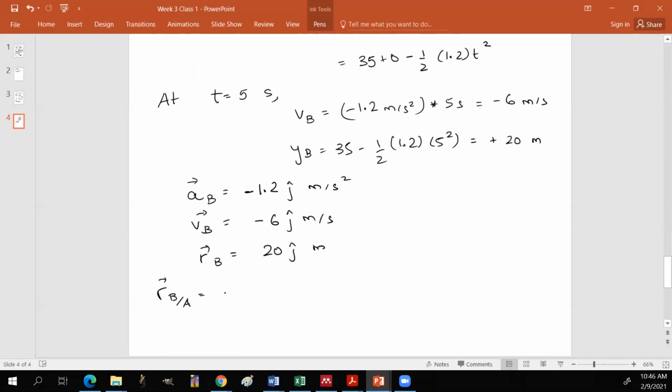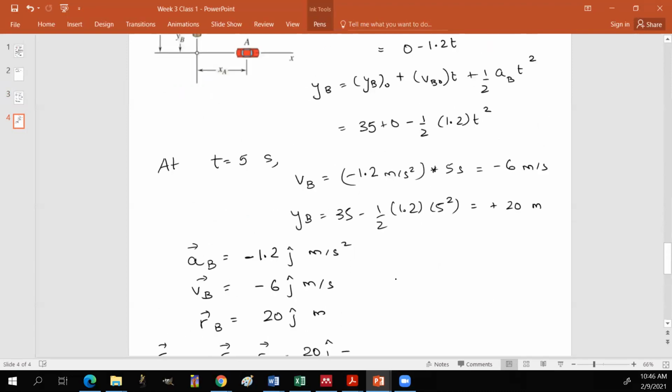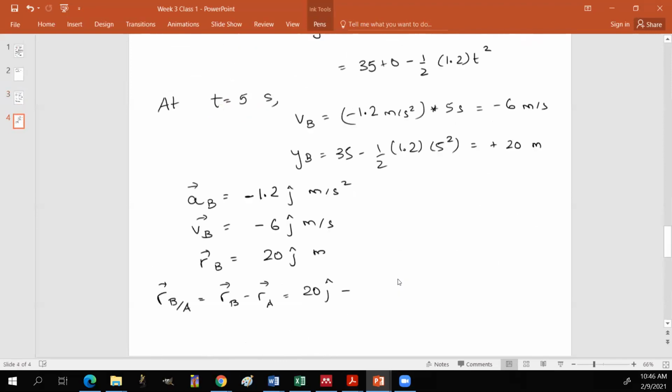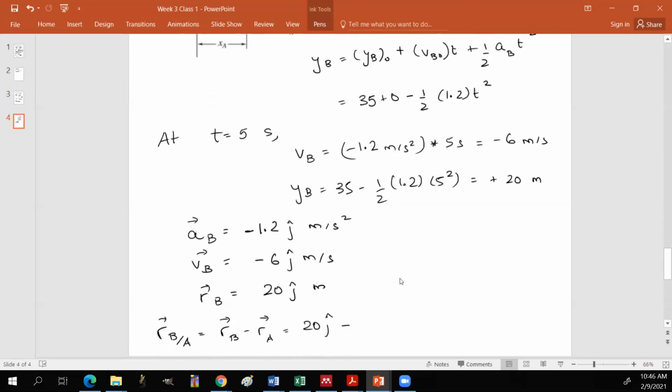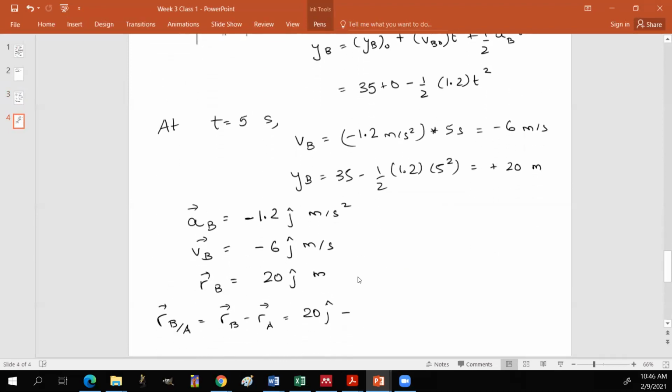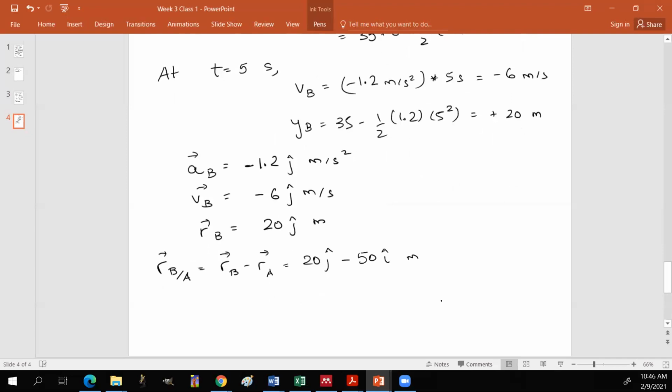So R of B relative to A is just equal to RB minus RA. So that's just 20 j hat minus, what was RA? 50 i hat, right? So minus 50 i hat meters.